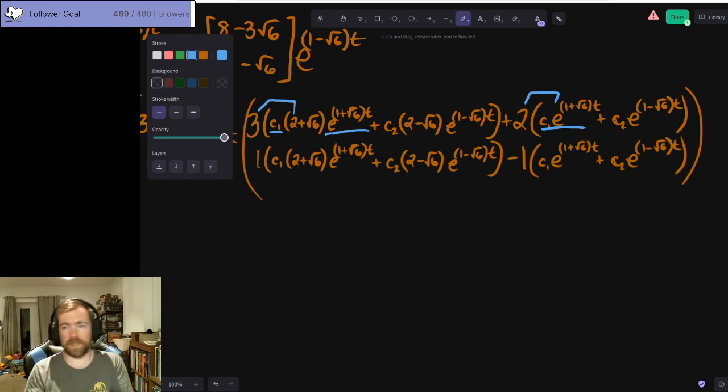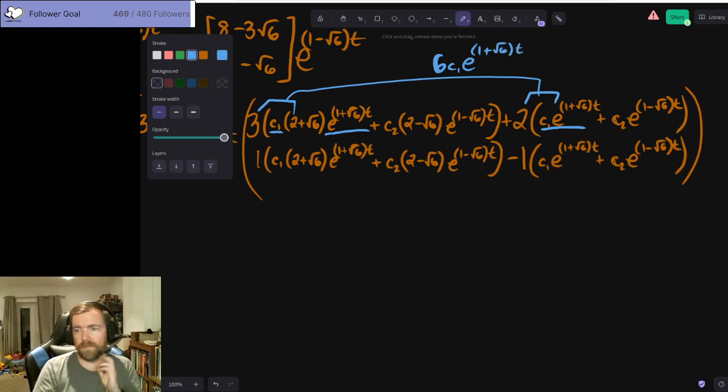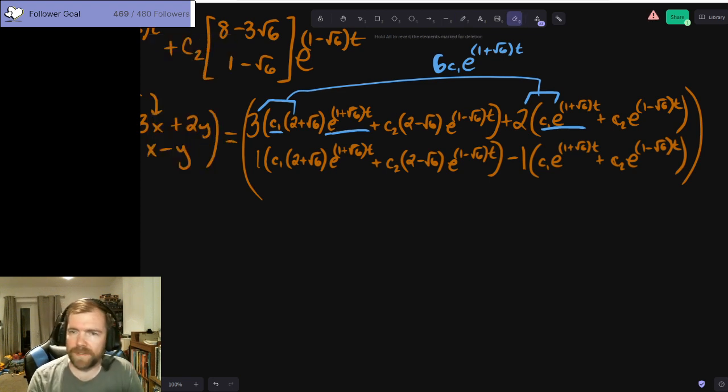So 6 from the left and 2 from the right, it's going to be 8 c1 e to the (1 plus root 6)t.